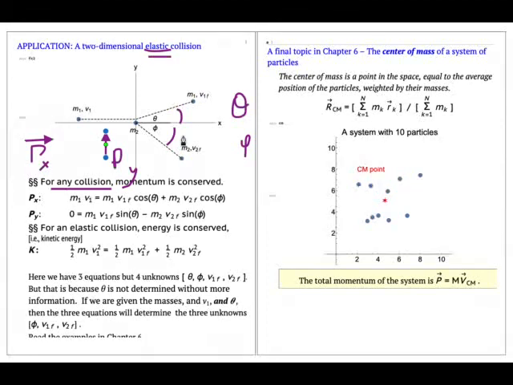But there's one more equation. For an elastic collision, energy is conserved. That is to say, kinetic energy. So the initial kinetic energy is 1/2 m1 v1 squared. It's the kinetic energy of the incoming particle. And the final kinetic energy is 1/2 m1 v1 final squared, that's m1's kinetic energy, plus 1/2 m2 v2 final squared.